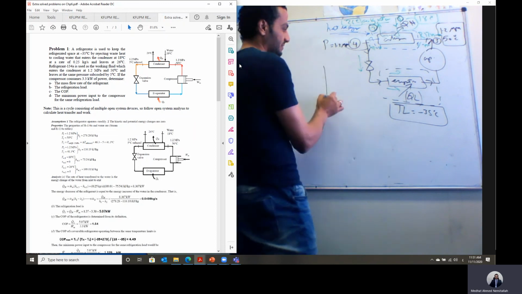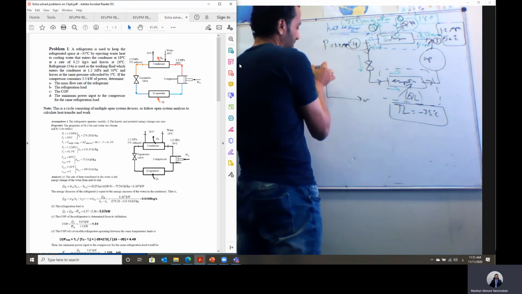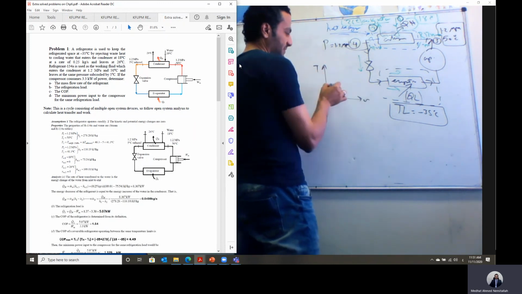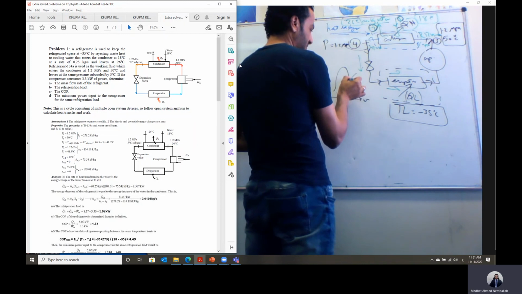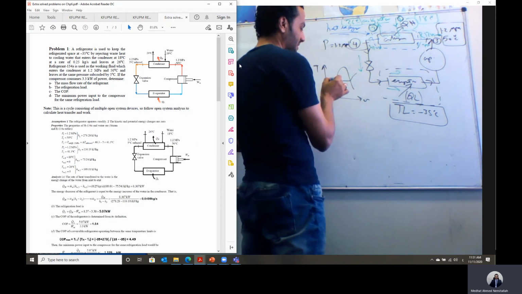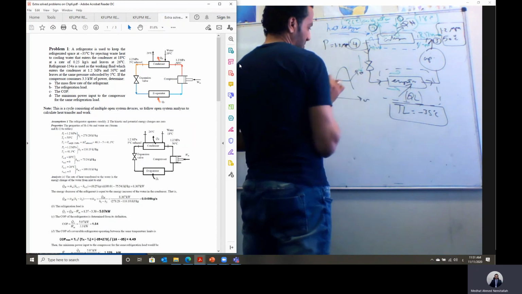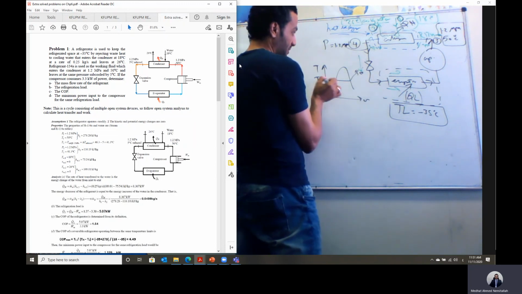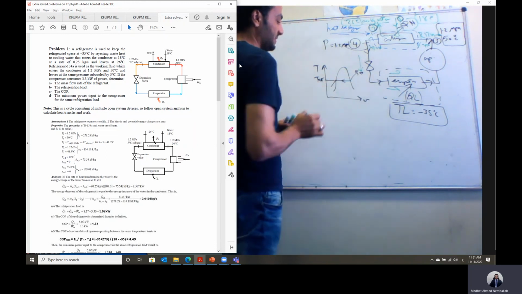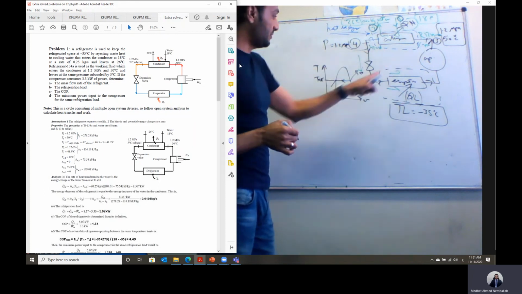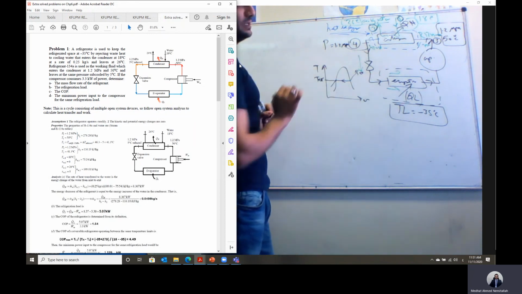If you remember on the temperature-volume diagram, this is the saturation curve, this is the line of constant temperature, this is the saturation temperature, and this is the saturation pressure. The refrigerant leaving the condenser is converted from vapor to liquid, so we are proceeding in this direction.